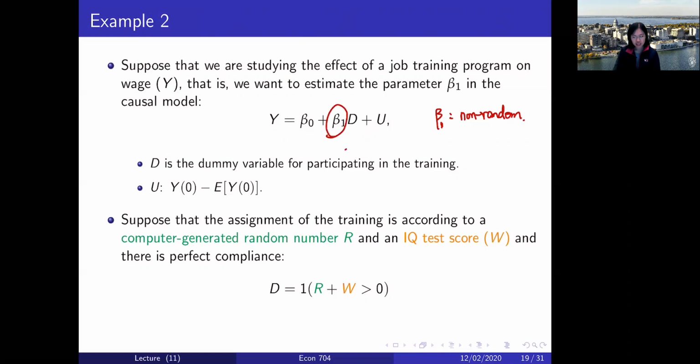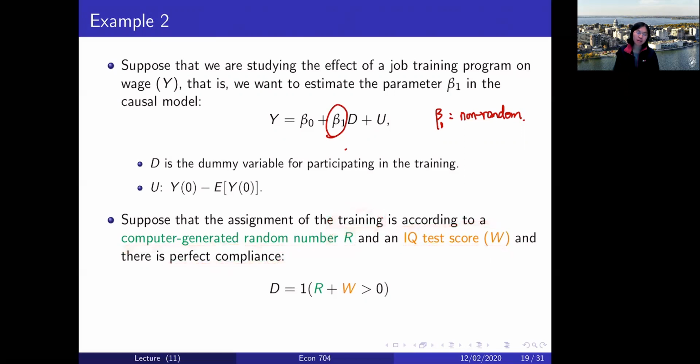Suppose that the assignment of the treatment, that's the training program, is according to a computer-generated random number R, as well as an IQ score W. And suppose there is perfect compliance.